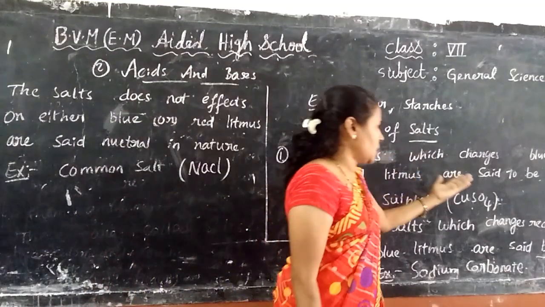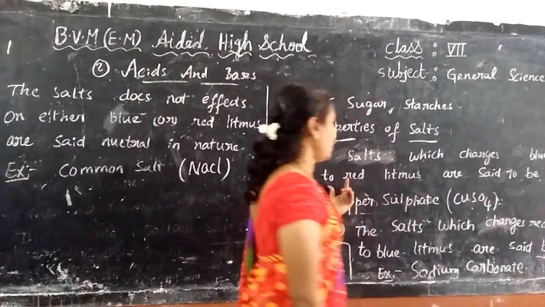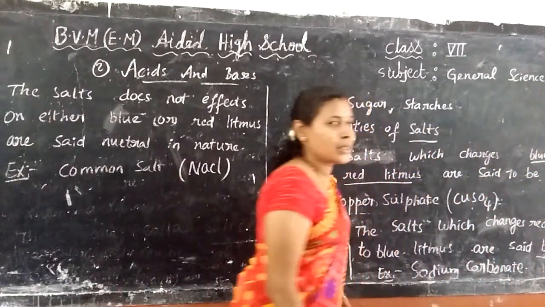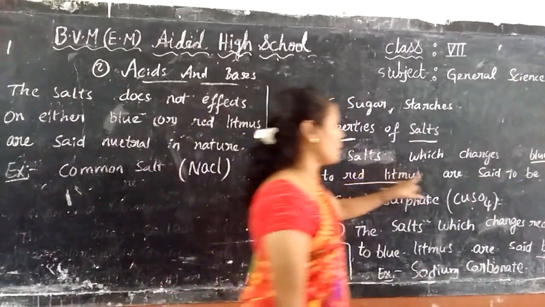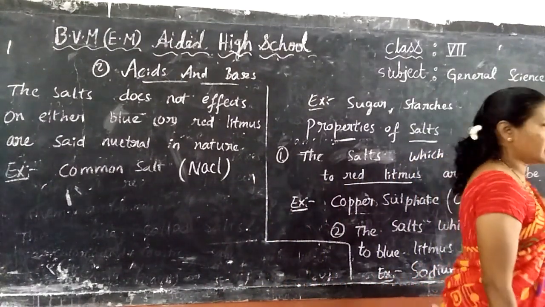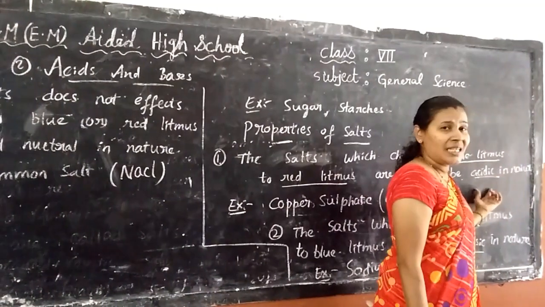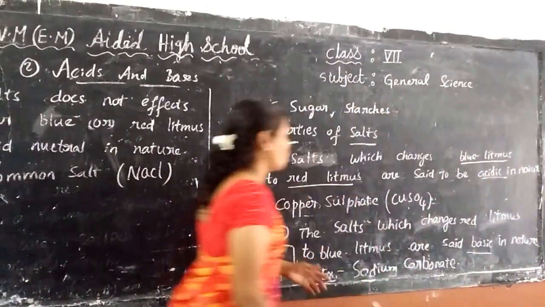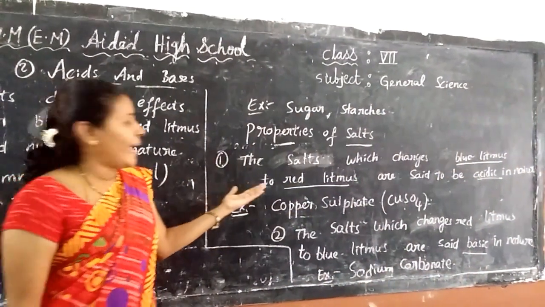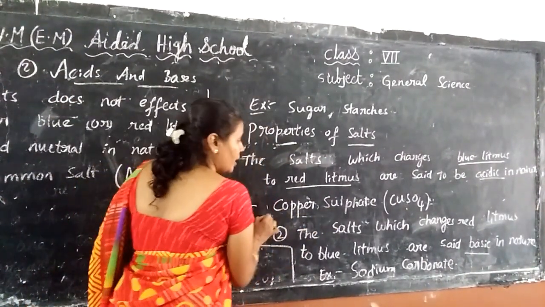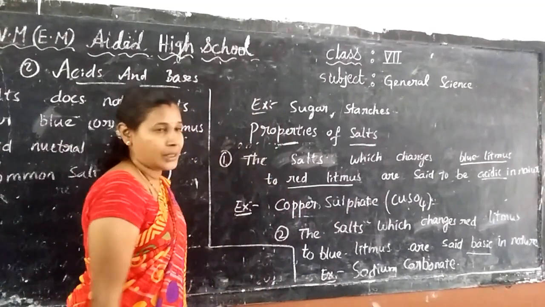The salt which changes blue litmus to red litmus has acidic nature. Those salts are called acid salts. The example for acid salts is copper sulfate.